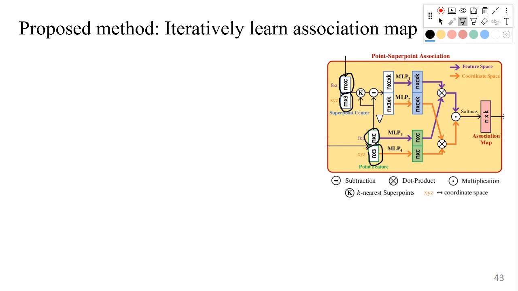So to do that, we query the nearest superpoint centers for every point here. And after we get that, we subtract this from this here. And then we will have this result, right? The N by 3 is basically this one.